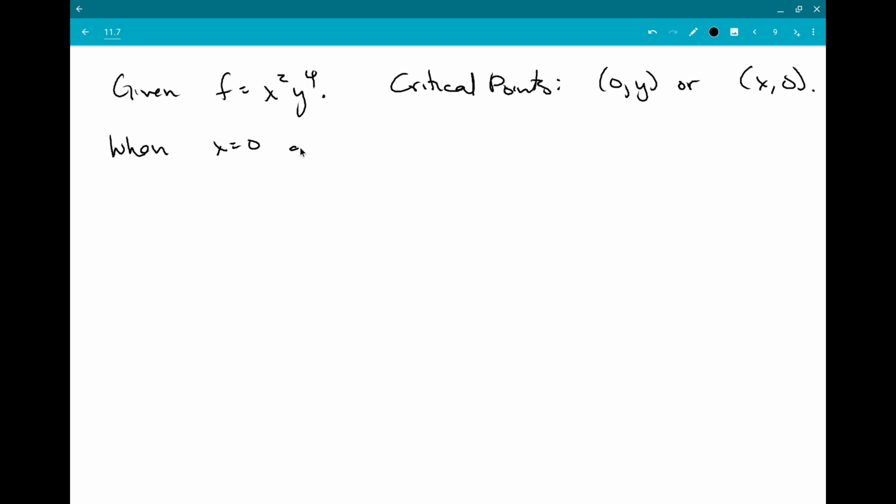So when x is 0 or y is 0, f is going to be equal to 0. Either you plug in 0 there or there, but you get f as 0. So for all the critical points, that's true, that f will be equal to 0.